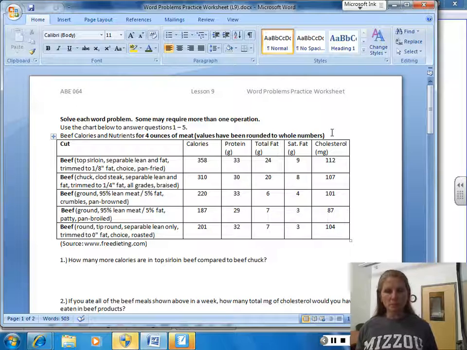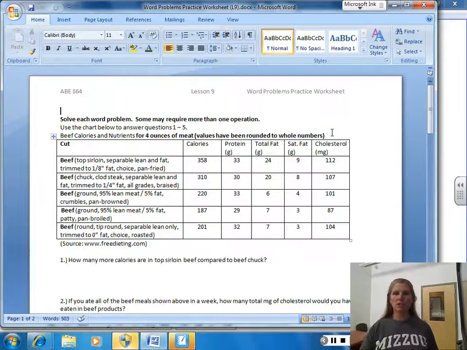And so we have all different kinds of cuts of beef along the left side, just to help you understand how to read the chart. This is the different cuts of beef. The first one is beef top sirloin, it's got separable lean and fat, trimmed, pan-fried, that kind of thing. That's how it's cooked. The beef chuck or clod steak, it's lean, it's trimmed, 1/4 inch of fat, and braised.